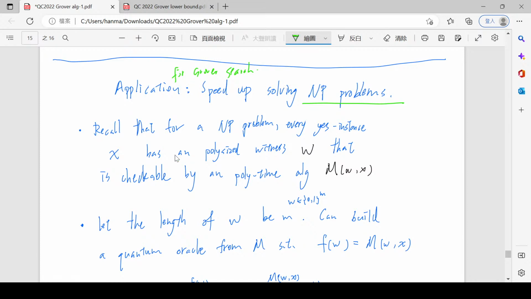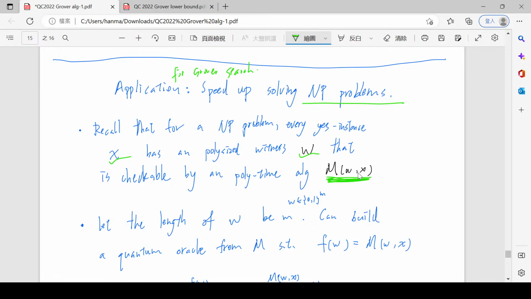because by definition of an NP problem, there is some kind of efficient checking algorithm, where you can give a checking algorithm an input and a witness, and if this input X is a yes instance, then there must exist a witness that it accepts.